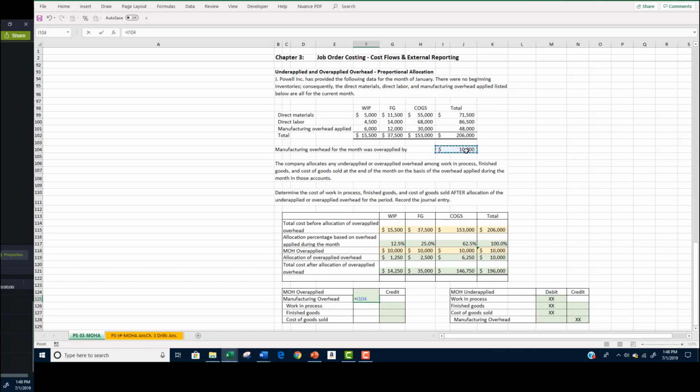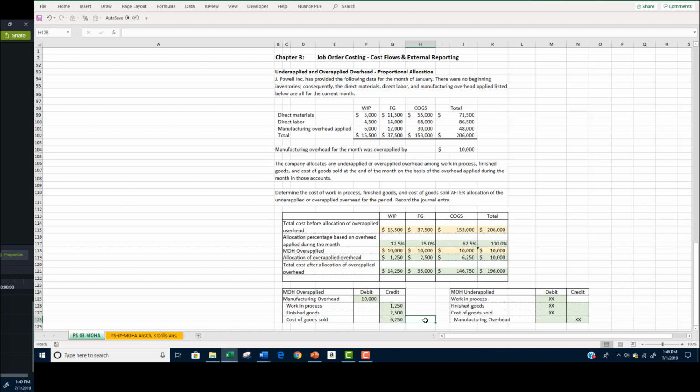We then credit work in process, finished goods, and cost of goods sold to decrease the balances in each. The credits are $1,250 to work in process, $2,500 to finished goods, and $6,250 to cost of goods sold. The books have been adjusted with the allocation and now reflect the actual costs for the period.